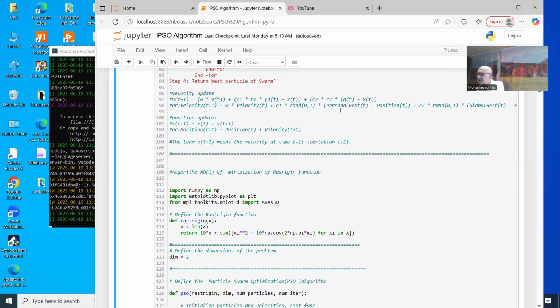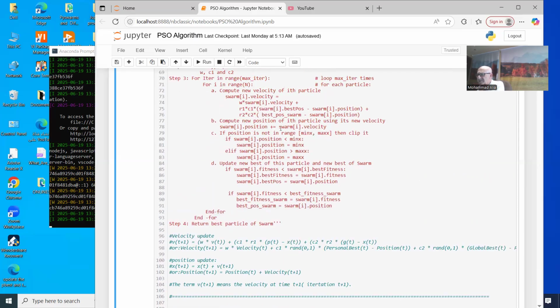So this expression may be easier to understand than what was written above, but practically they are the same and there is no difference. So, shortly speaking, for each iteration we first update the velocity, we find the new velocity, and accordingly we find the new position of each particle.